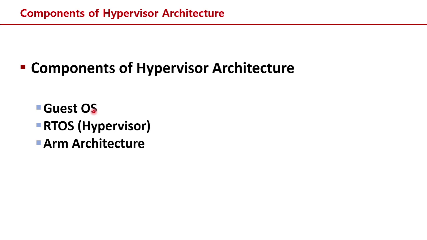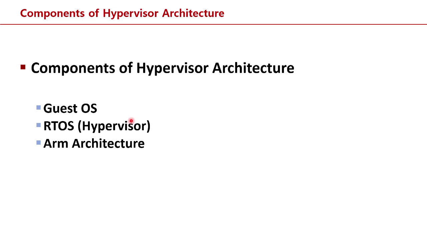Another important component of hypervisor architecture is the hypervisor. Inside the hypervisor, you can see some routines that are associated with the ARM architecture, and another component you're going to see is the real-time operating system. Since the main job of the hypervisor is to manage the workload of multiple operating systems, the nature of the hypervisor could be a real-time operating system at the software level.